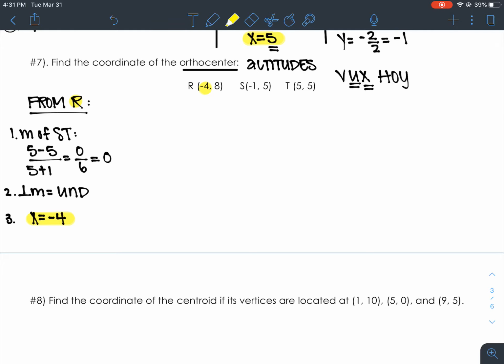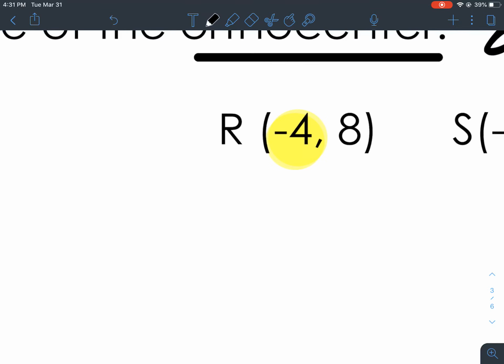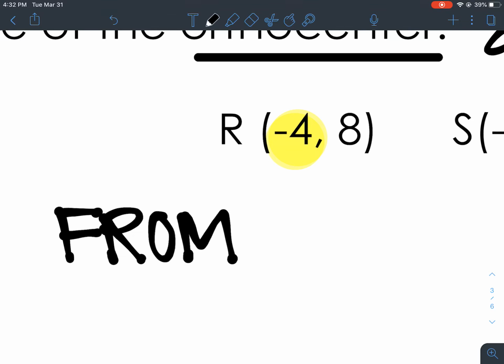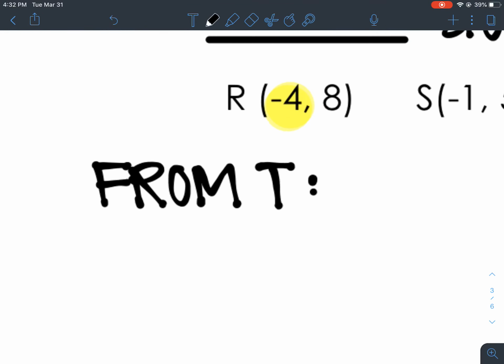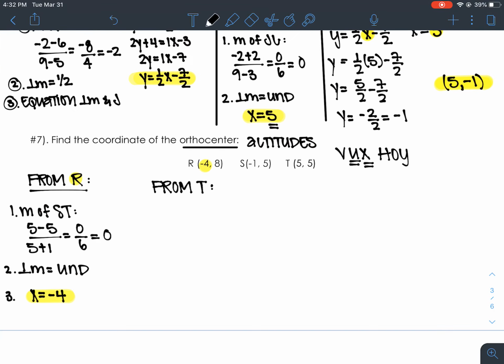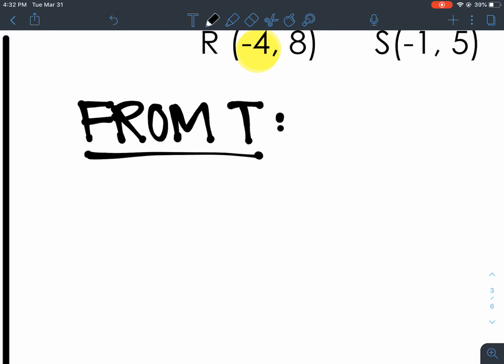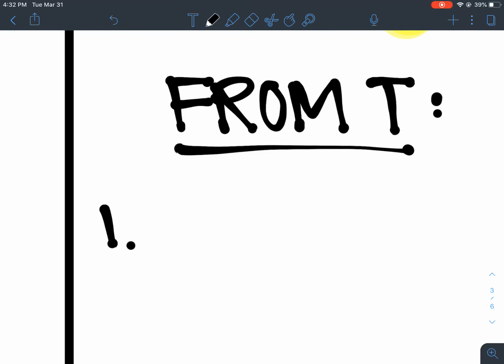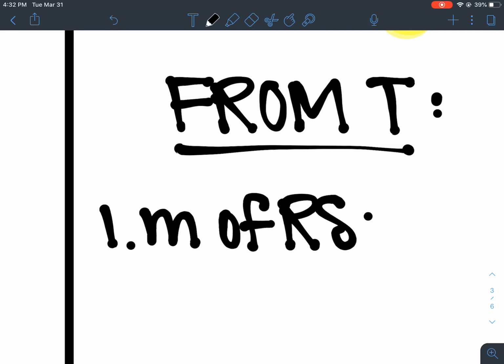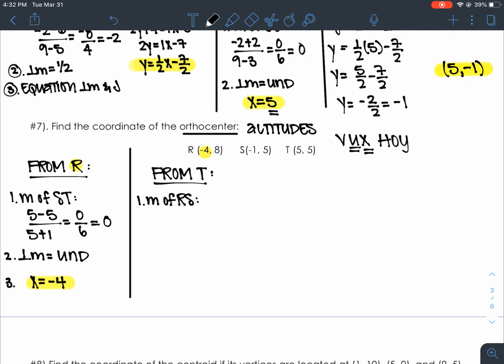So let's go ahead now and do it from, I'm going to choose T. And you could have chosen S if you wanted to. You should still get the same answer if your algebra is good. But if I'm coming from T, that means it needs to be perpendicular to the opposite side, and the opposite side is going to be RS. So my first step is to find the slope of RS.